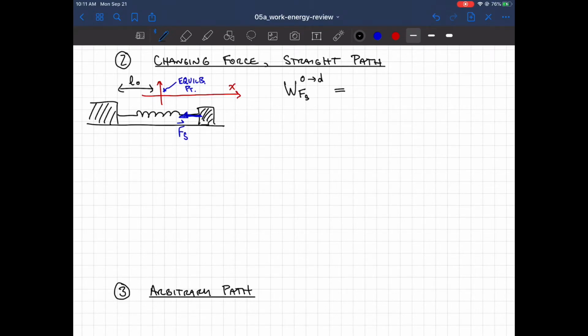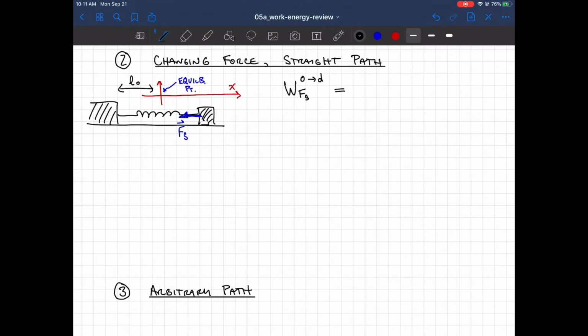That will be a force which is changing over the path, but it is a straight line path, and so I can choose my path to be the straight line of the x-axis.